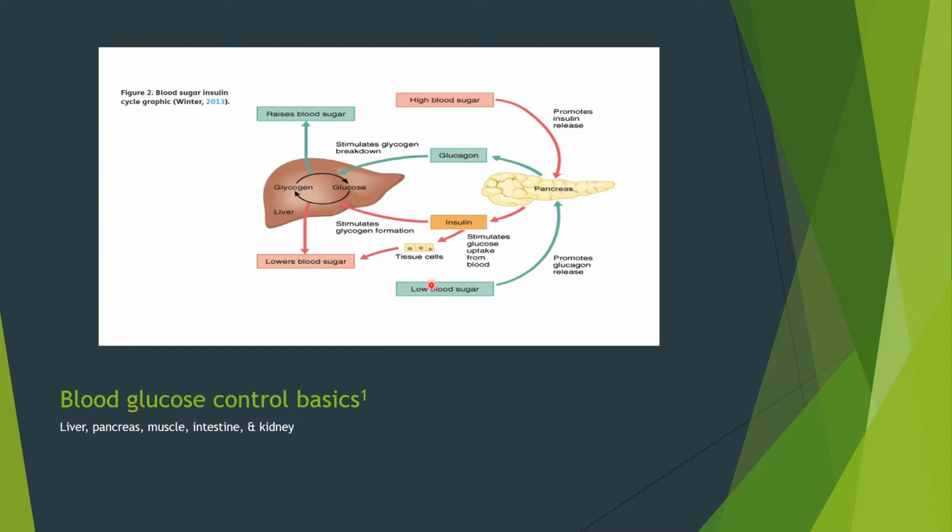When our blood glucose levels begin to drop, this tells the pancreas, hey, we need more glucose. Pancreas secretes glucagon, which goes to the liver. Liver pumps out glucose to raise blood glucose levels. Type 2 diabetes causes a situation to mess this entire system up, which we will discuss next.